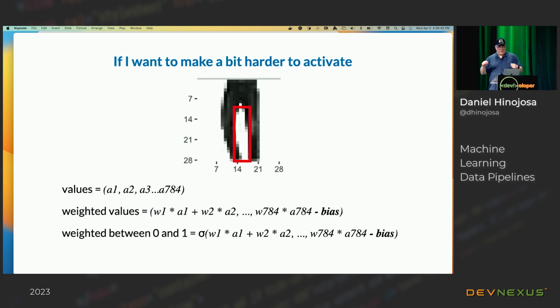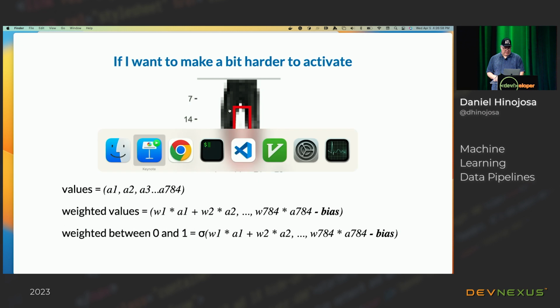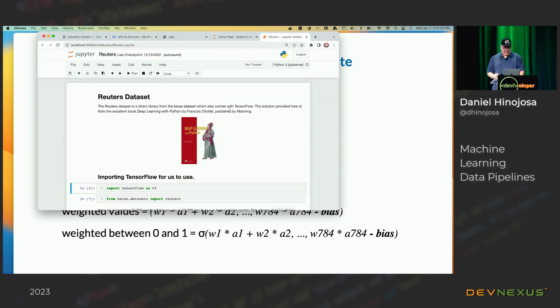And then we're going to attach a bias to it. So it kind of gives you an idea of what we're doing there. Bias is just a way to make it a little bit harder to activate. But that's the idea about a neural network. I just wanted to tell you a little bit about that and how that works.